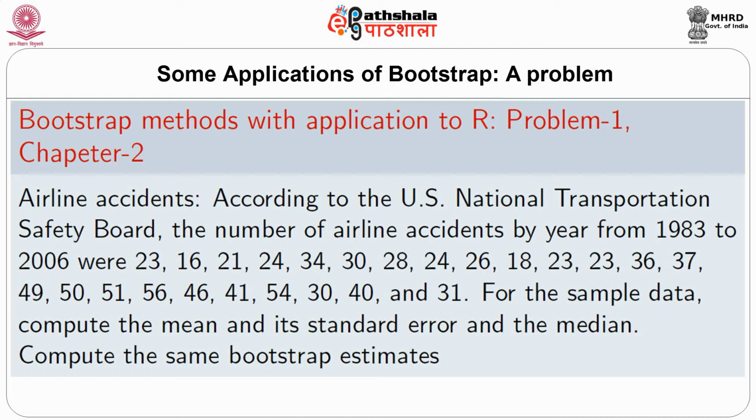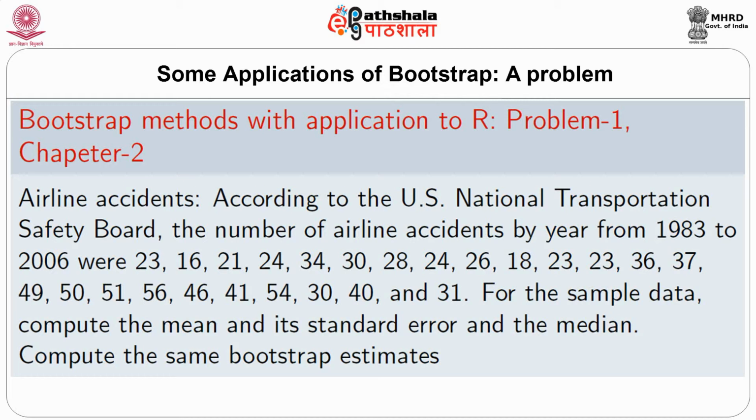As an exercise, we would be doing the first problem of the second chapter of Bootstrap Methods with Applications to R. As an extension of our application of bootstrap, here we would be demonstrating the first problem given in chapter 2 of the book. The problem gives data about airline accidents.